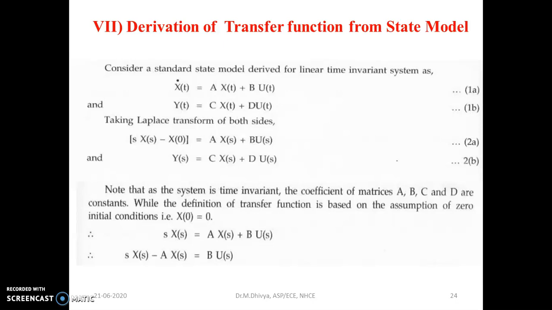Now, applying this to equation 2a, we get s into X of s is equal to A into X of s plus B into U of s. And this can be rewritten as s into X of s minus A into X of s is equal to B into U of s.